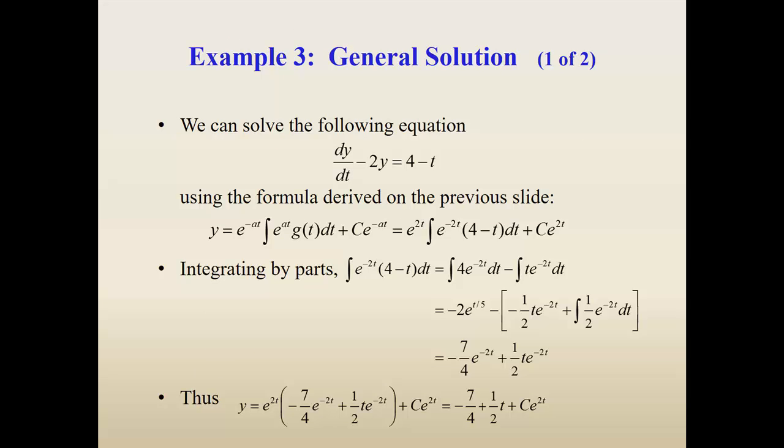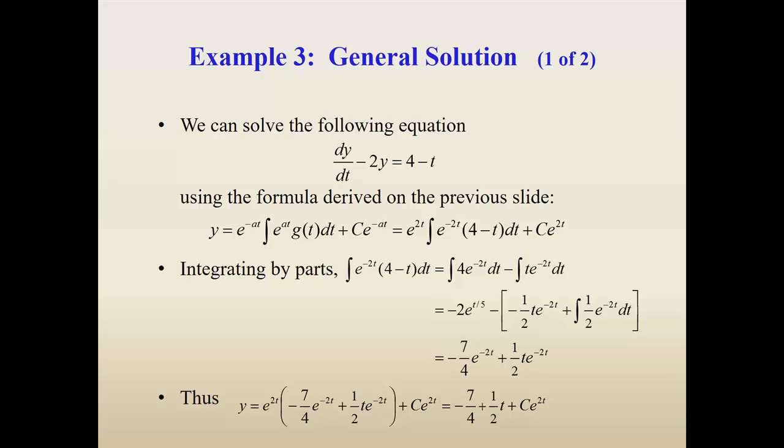Let's try it again. Notice I have a forcing term, 4 minus t, and I have an a, which is negative 2. So plug that in to our formulation. I get e to the y is equal to e to the positive 2t times the integral of e to the negative 2t times 4 minus t dt, plus a constant e to the positive 2t.